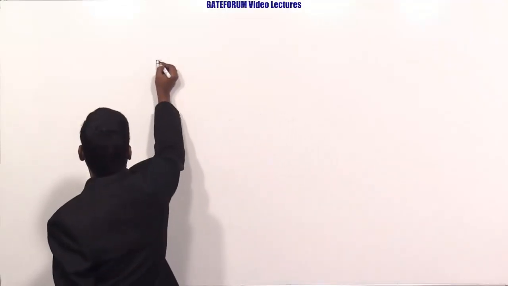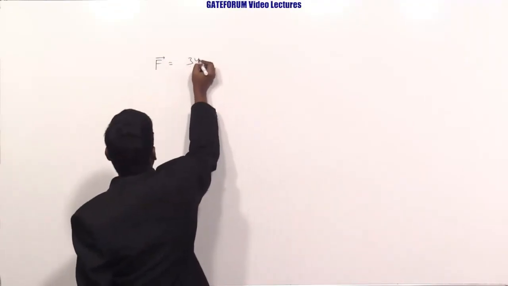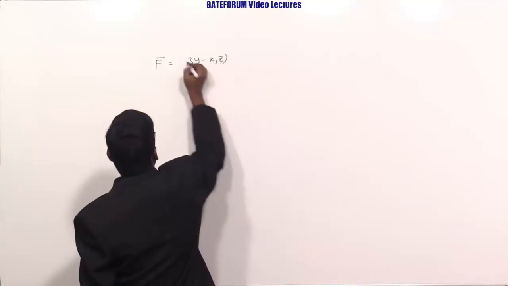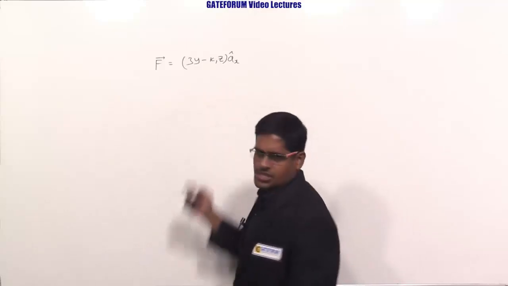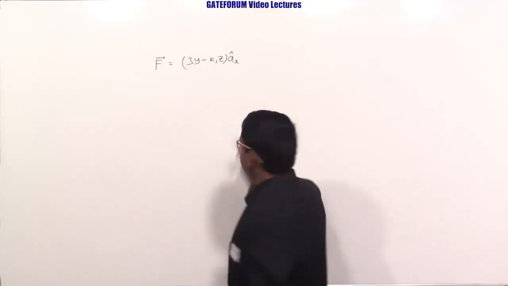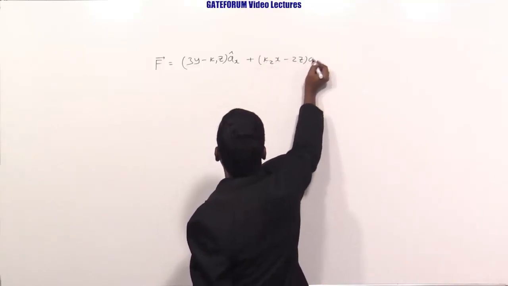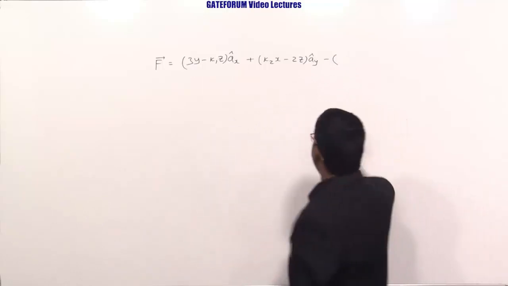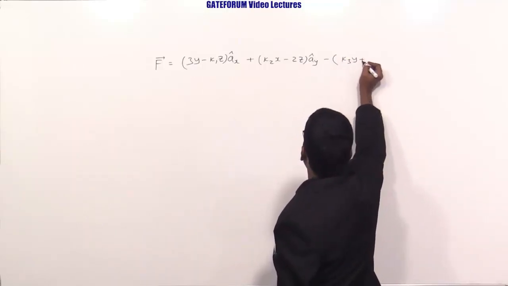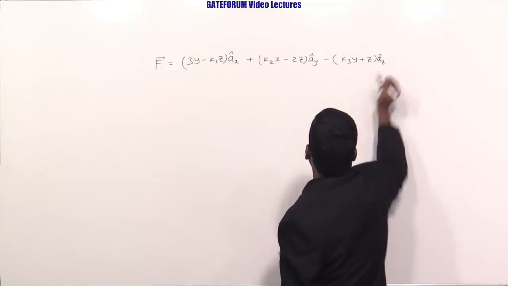so the given vector function is 3y minus k1z into ax cap. Some people denote it by I cap. This is the magnetic field notation in EMT. Plus k2x minus 2z into ay cap minus of k3y plus z into z cap.